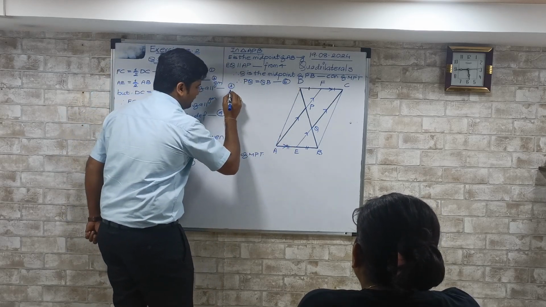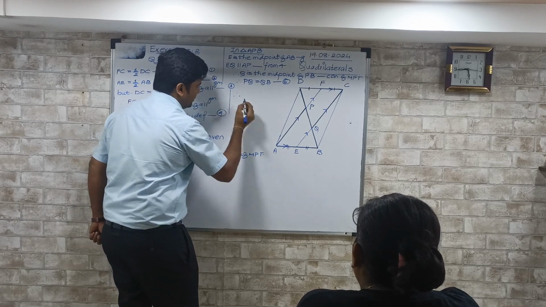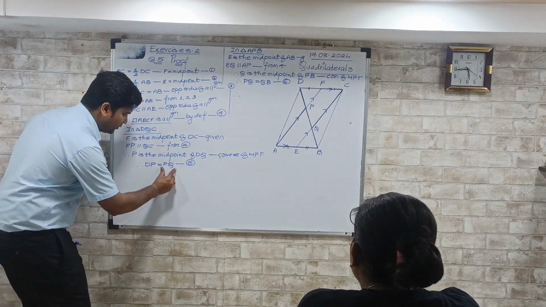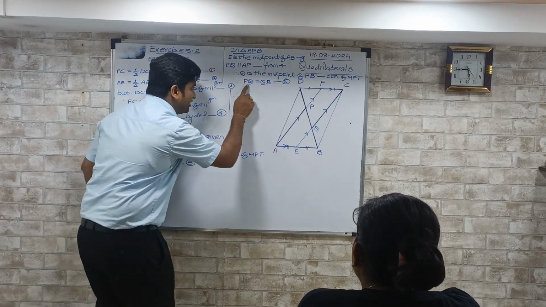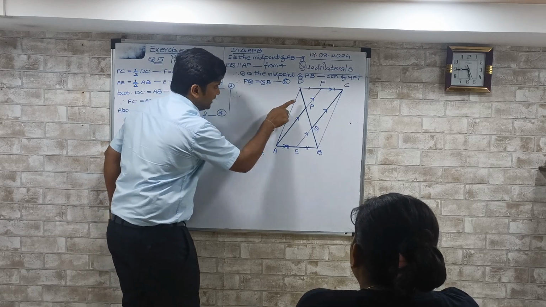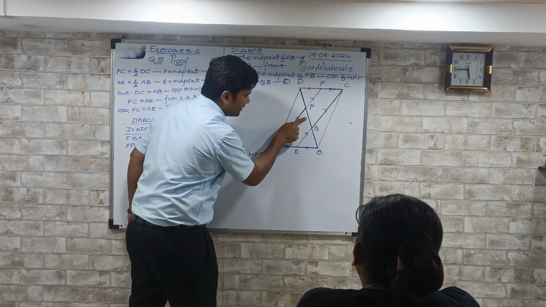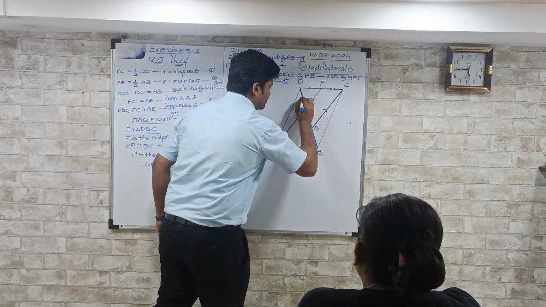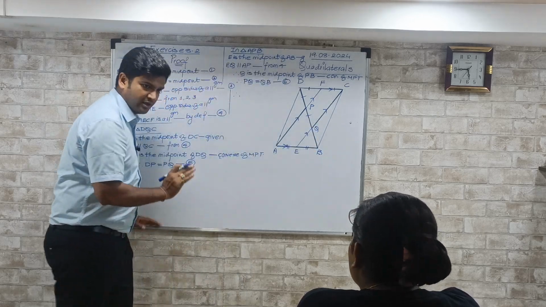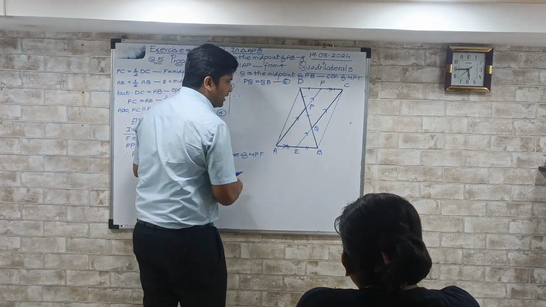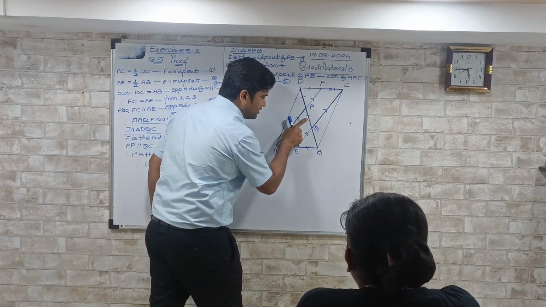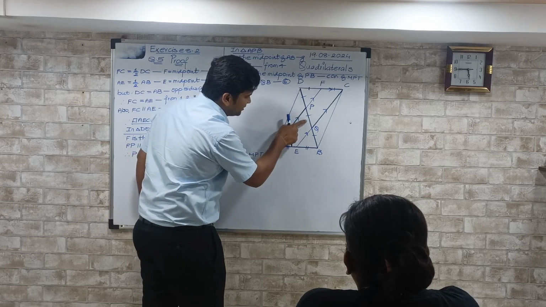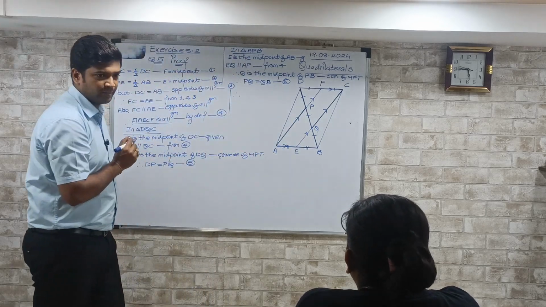Now I think we are smart enough to check this. Just compare 5 and 6. DP is equal to whom? PQ. But PQ is equal to whom? QB. I will put a single dash on DP and a single dash on PQ. Now PQ is equal to whom? QB. So I will put a single dash on BQ also. That means all three are equal to each other.